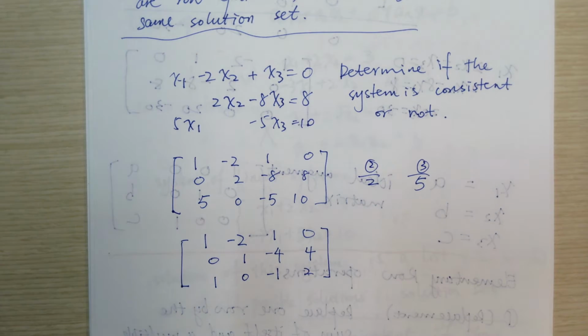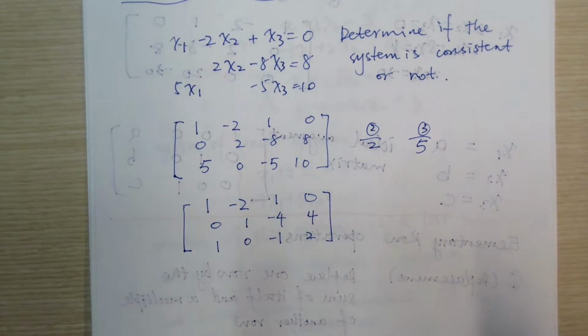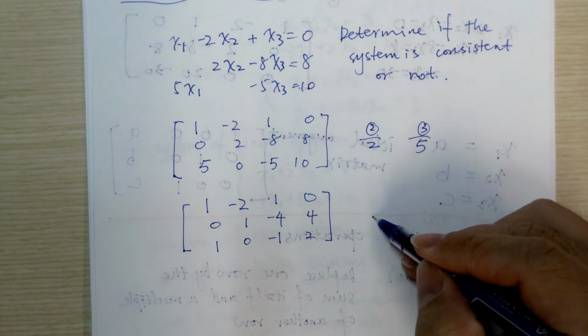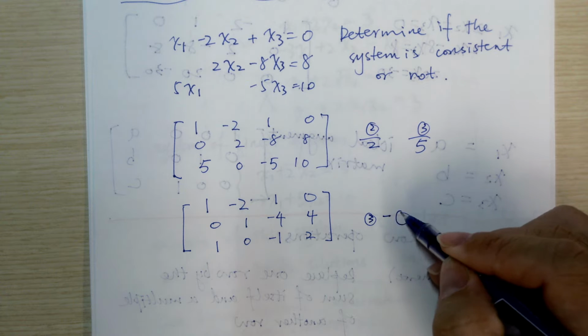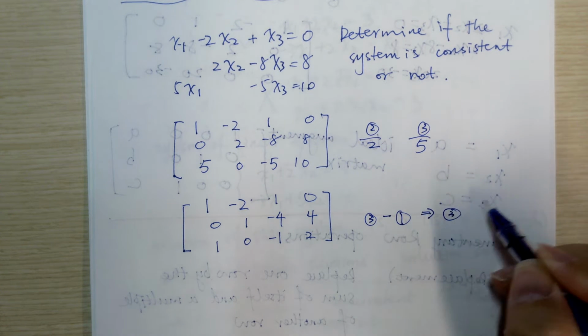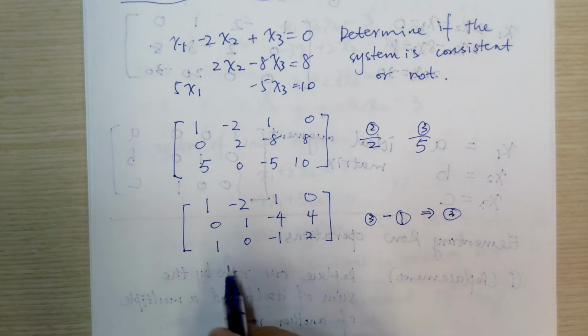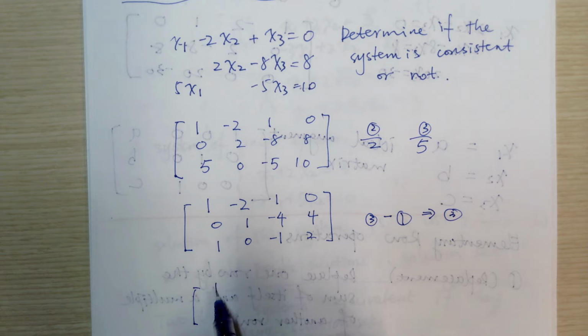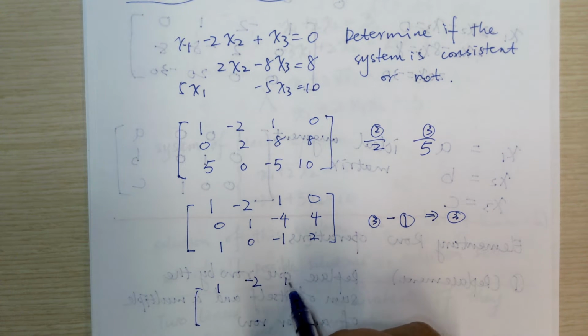Once we derive this, we can use row 3 to subtract row 1 and let it become the new row 3. So 1 minus 1 is 0, then 1, negative 2, 1, 0.